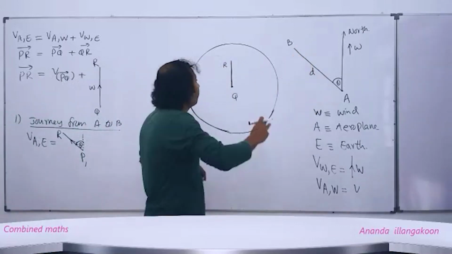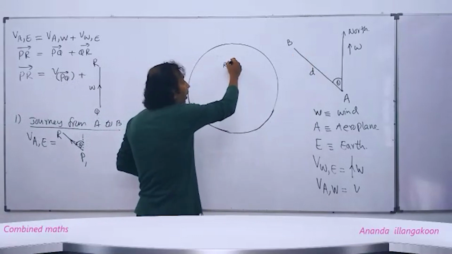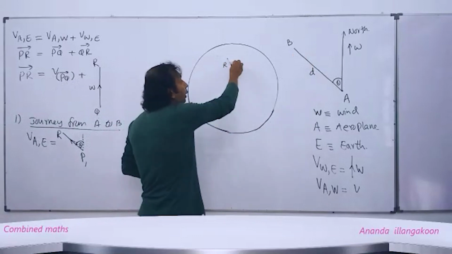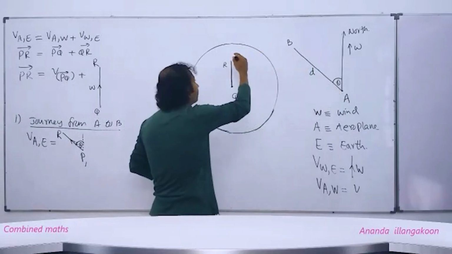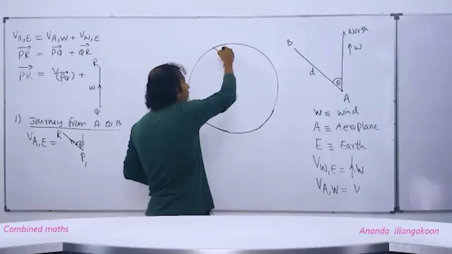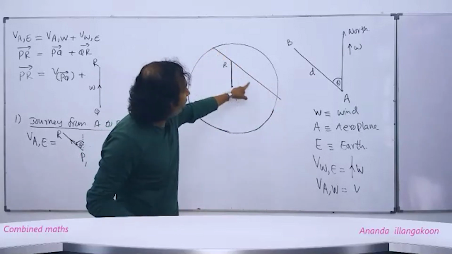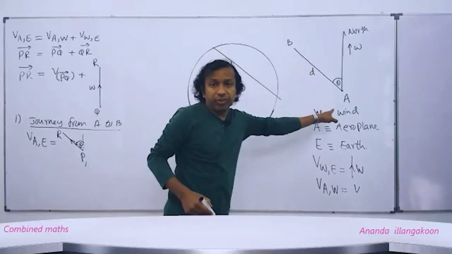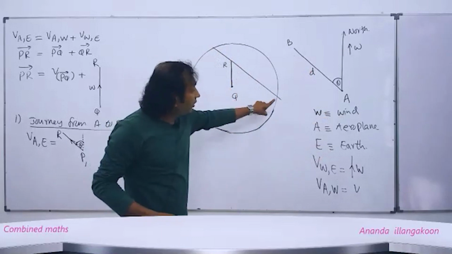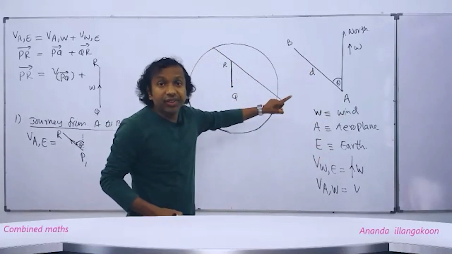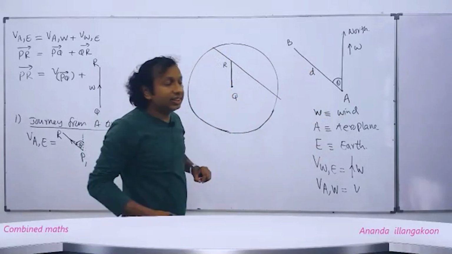People, I am going to draw from this point R a line parallel to this AB, this way. Okay, this line I drew is parallel to this AB. Then that line, people, cuts this circle somewhere. That point of intersection is P1.